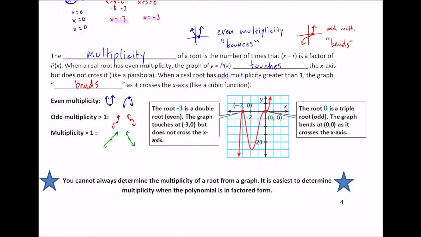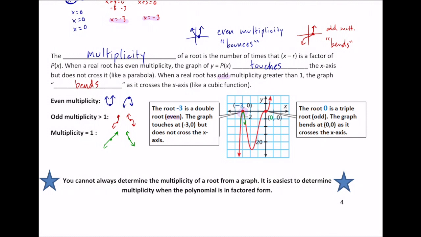All right, we can also determine the multiplicity of a root just by looking at its graph. So right here, I want us to take a look at the point negative 3, 0. We know that this has to be an even root. It has a multiplicity of 2 because it's bouncing here.